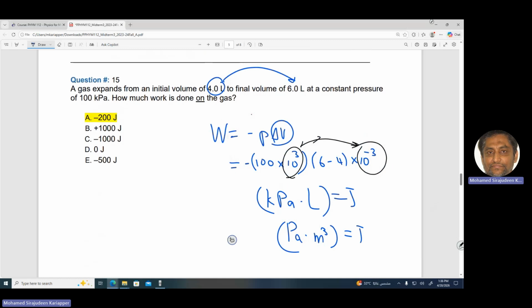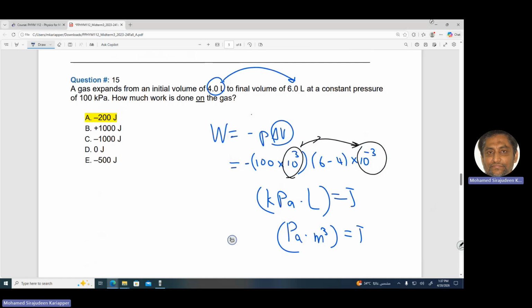If it's given any other units, we have to convert. Here also we are actually converting, but we found a shortcut because you are multiplying from kilopascal to pascal by 1000, and from liter to meter cube, we are dividing by 1000. So why bother? Kilopascal into liter will give you the answer in joule.